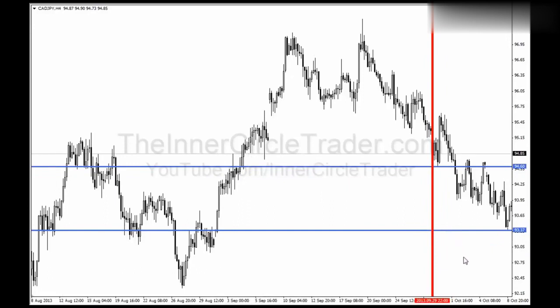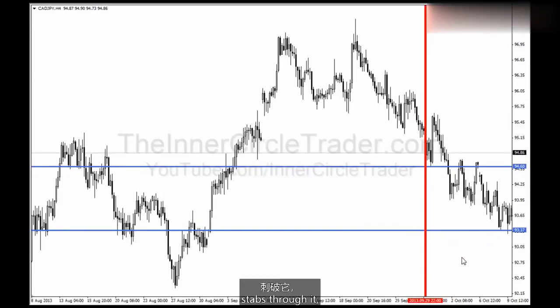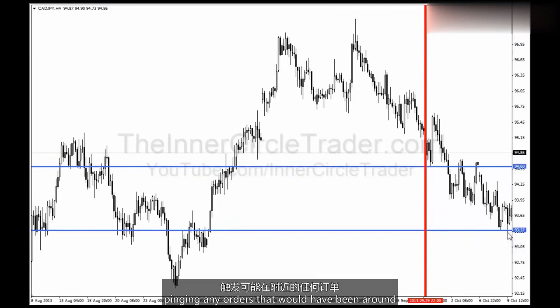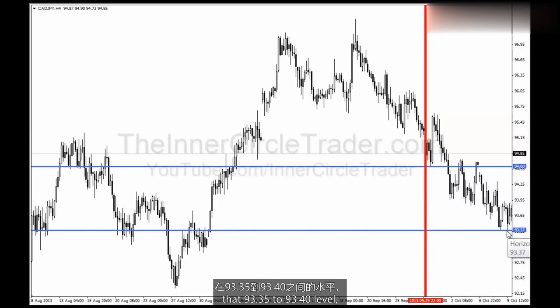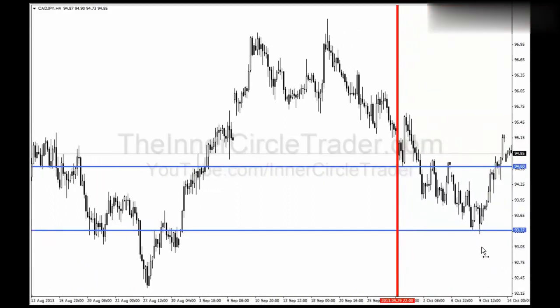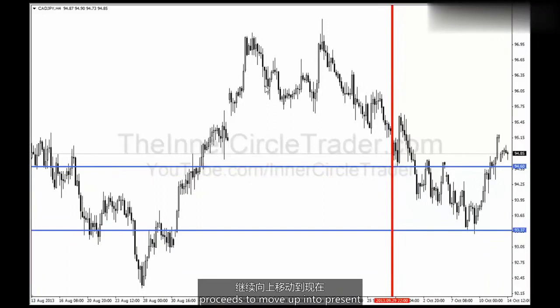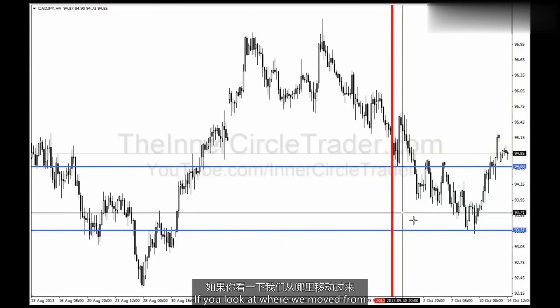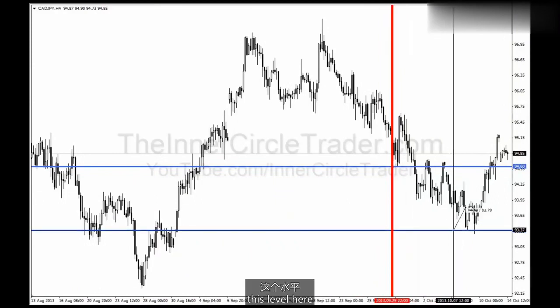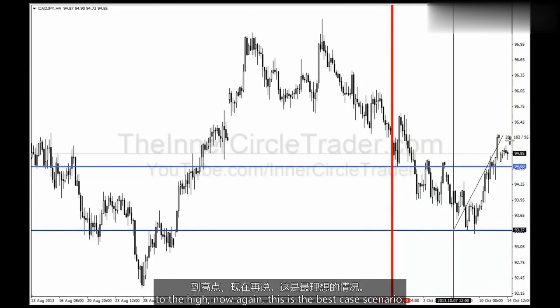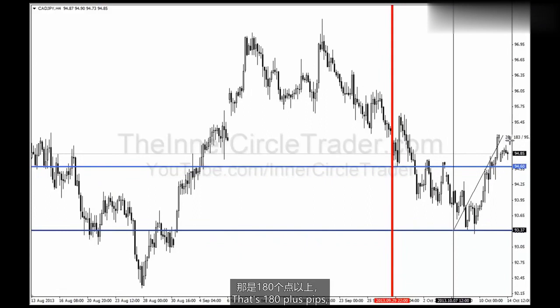Price comes down, stabs through it, pinging any orders that would have been around that 93.35 to 93.40 level, and price proceeds to move up into present market. If you look at where we moved from this level here up to the high, this is the best case scenario, that's 180 plus pips, just trading that bounce right here.